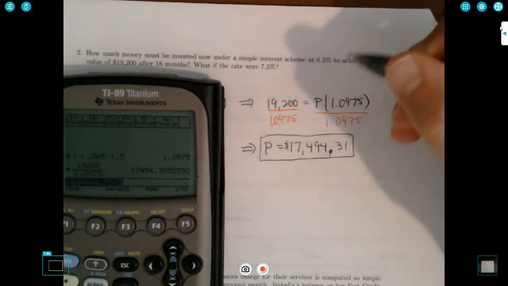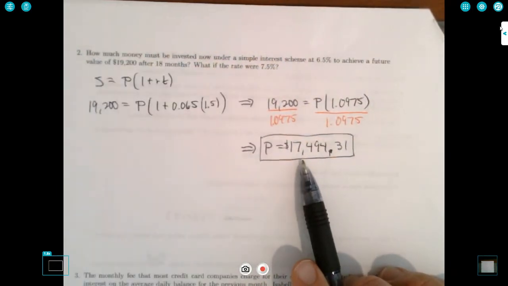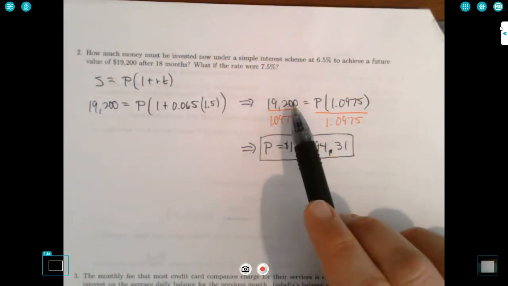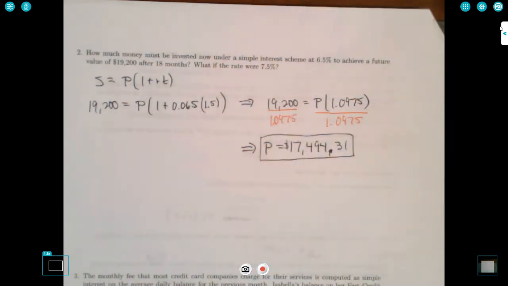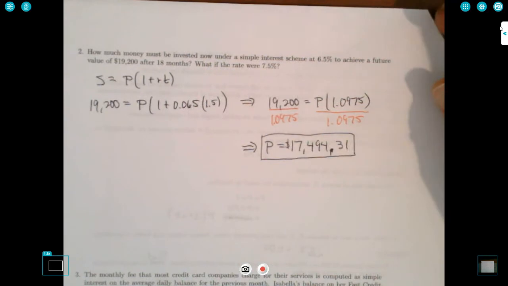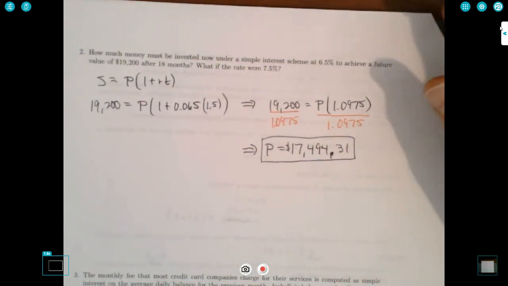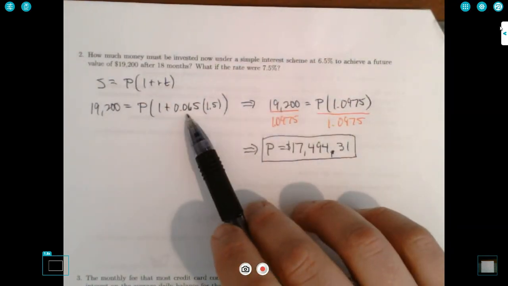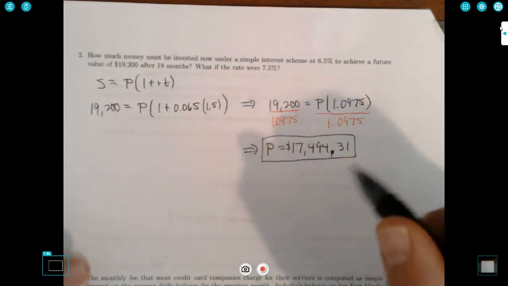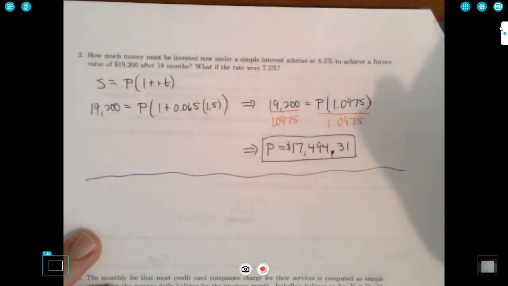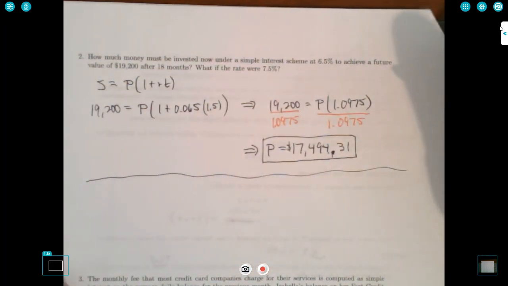So that's how much money I have to invest in order for this sum to grow to that sum within an 18-month period of time. Okay? That's if the interest rate is 6.5%. If the interest rate is 7.5%, well, then I'm going to go through a similar line of reasoning, right?